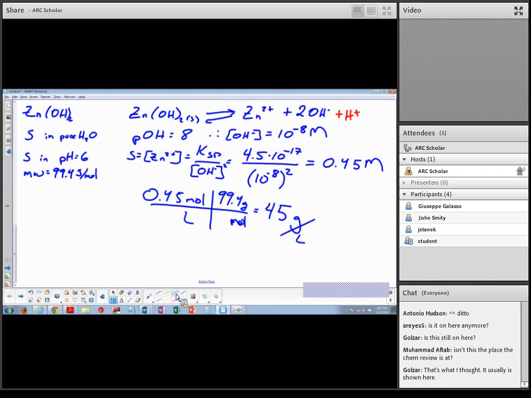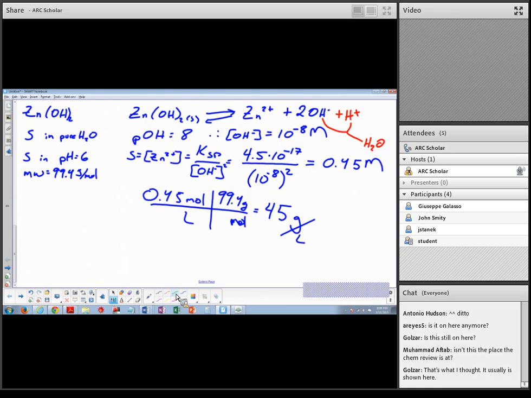So if I have H plus and OH minus in there, what's going to happen? What happens when you put H plus and OH minus together? They make water, right? So those are going to come out as water. What's going to happen to my equilibrium? It's going to shift to the right, because we've used up the OH minus. So that's going to shift this way to produce more OH minus, dissolving more of that zinc hydroxide.